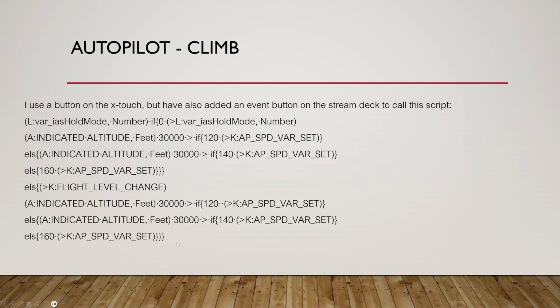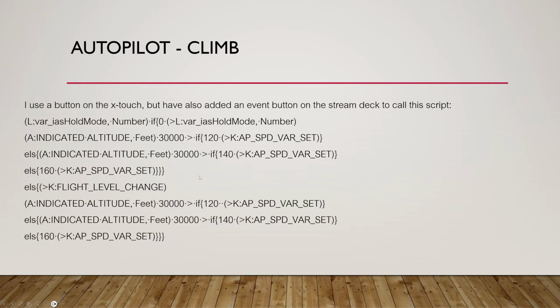But that's it. That's what it does. And if you press the climb button, it runs this script. You'll see the indicated airspeed change, and you'll see climb. At the end of these videos, I'll do a test flight and sort of demonstrate all these functions for you.